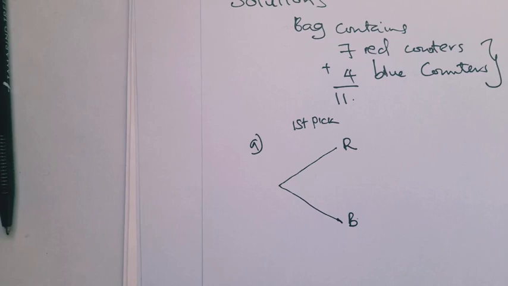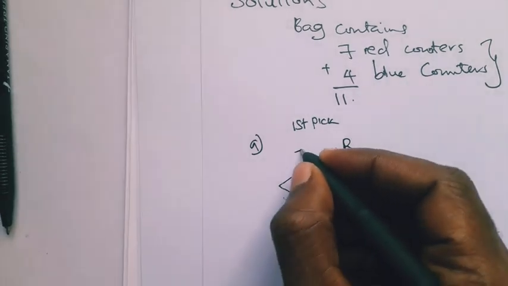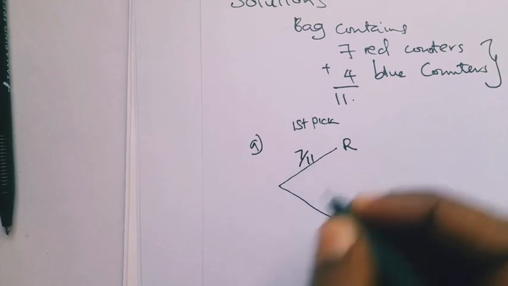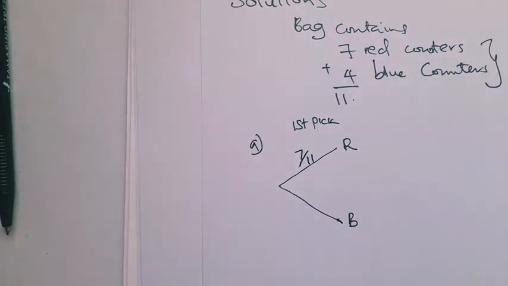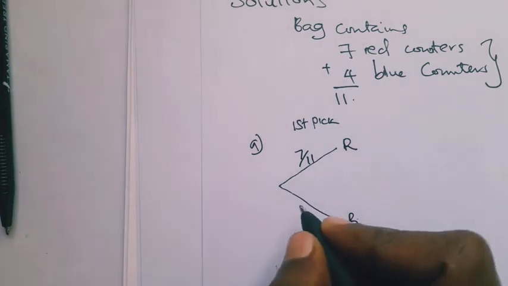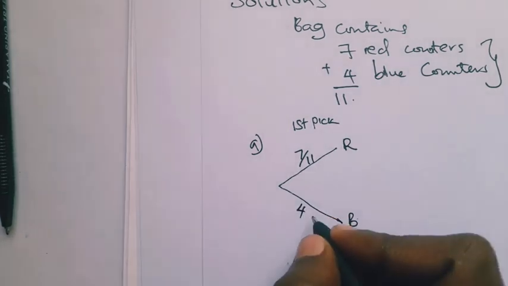Then I just pick without getting to know which one I'm picking. Then it means the probability of picking a red one should be 7 divided by 11. And now the probability of picking a blue one, it means it is 4, the number of blue divided by the total.